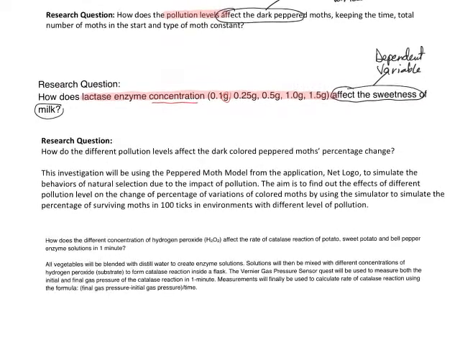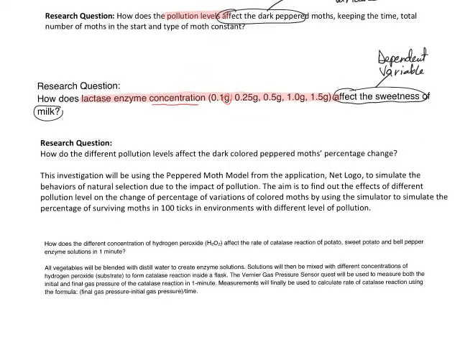Okay, let's take a look at this one. How do the different pollution levels affect the dark colored peppered moths' percentage change? Number one, we got an independent variable, different pollution levels, and in this experiment, that's really all they could say. And then affect the dark colored peppered moths' percent change. So that's a more clear dependent variable. I think the only thing I would say to make this better is to give me a time frame.